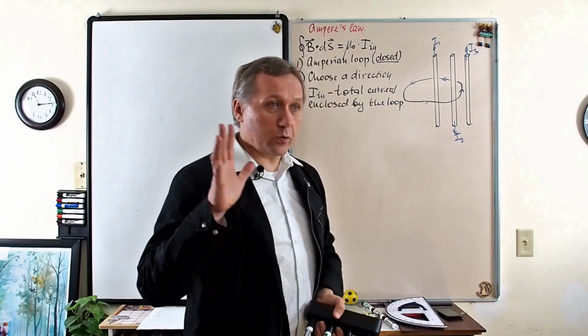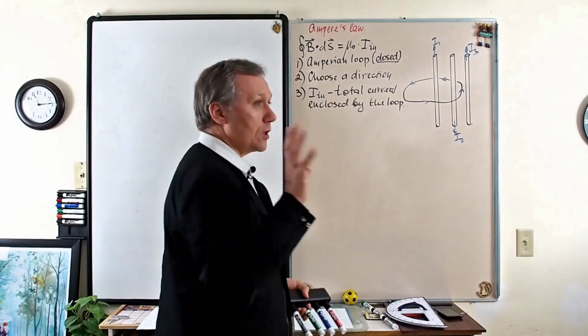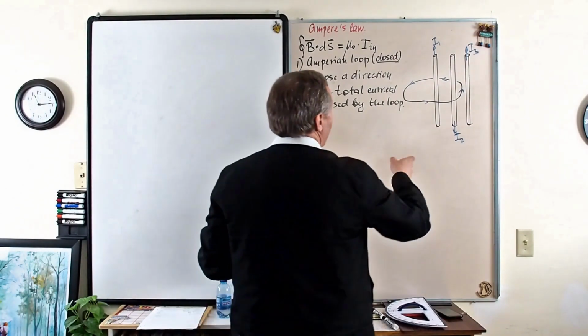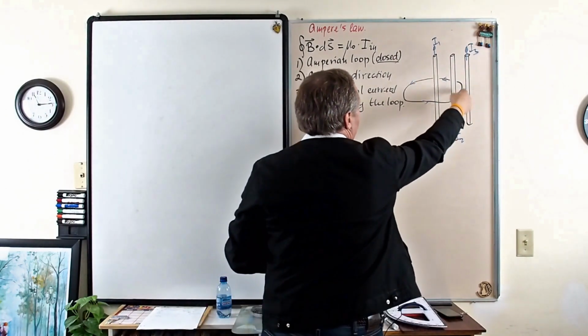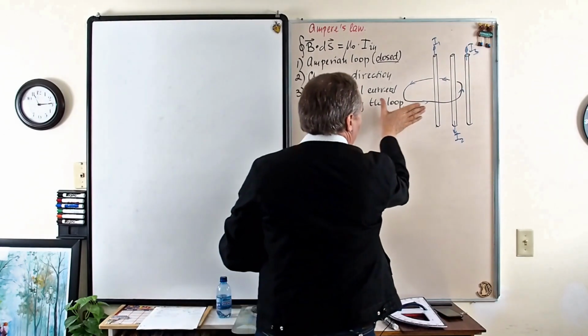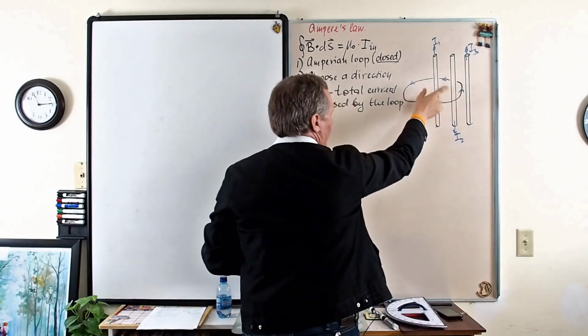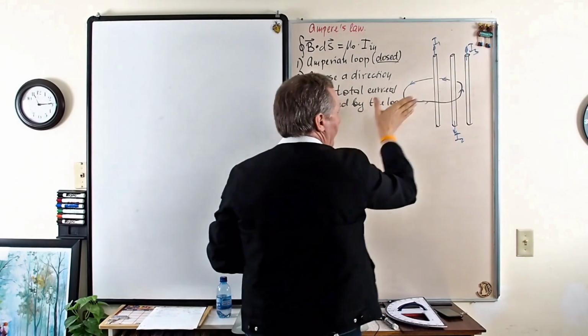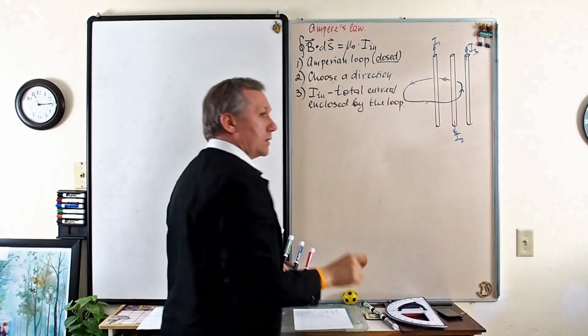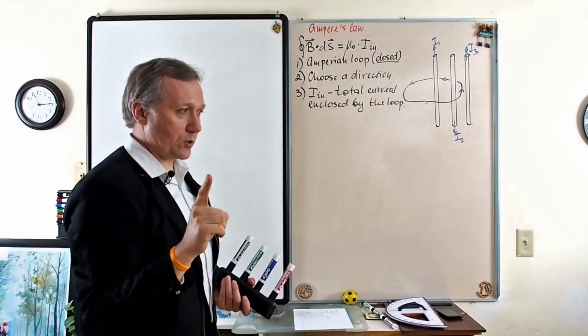In order to make that decision, we're going to use right-hand rule number 2, which says this. Once you pick a direction of integration, use your right hand, curl your fingers in the direction of your loop, and then your outstretched thumb gives you direction for a positive current.